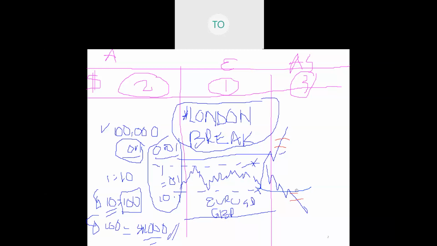So you only want 10 pips. But remember, you can also take 10 trades. So 10 trades times 10 pips gives you your 100 pips that you want daily, and you're out.